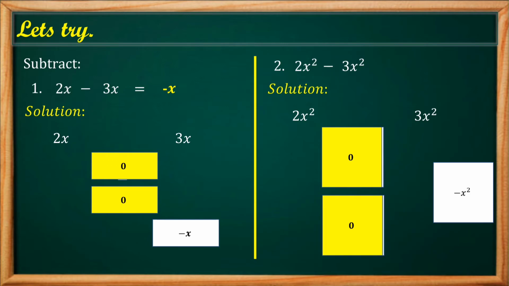Then, ang natitira na lang ay isang negative x squared. Therefore, 2x squared minus 3x squared is equal to negative x squared. Madali lang. Kung meron kang napares na black and white, it means out na yan. Kung ano yung natitira, yun ang sagot. That is for the subtraction.